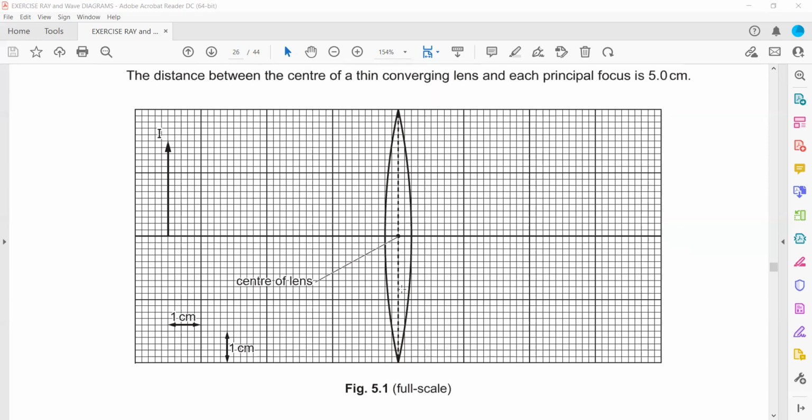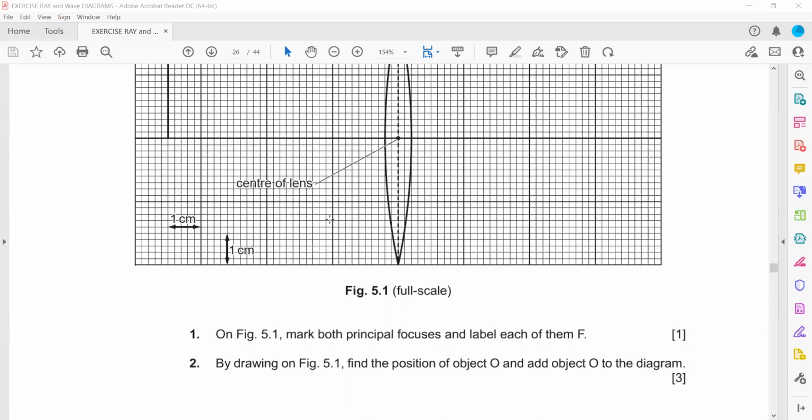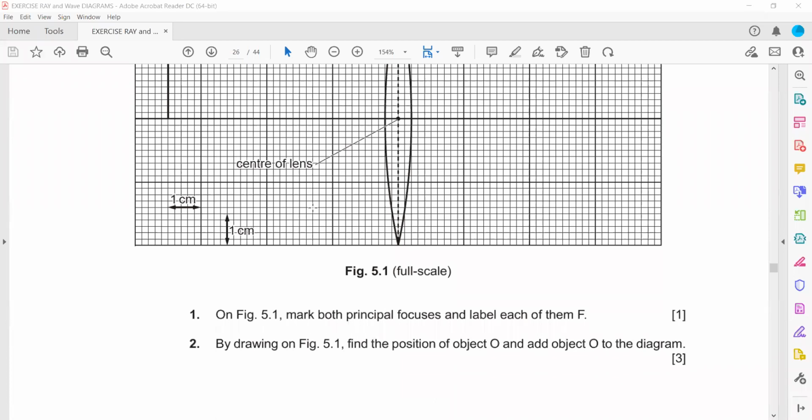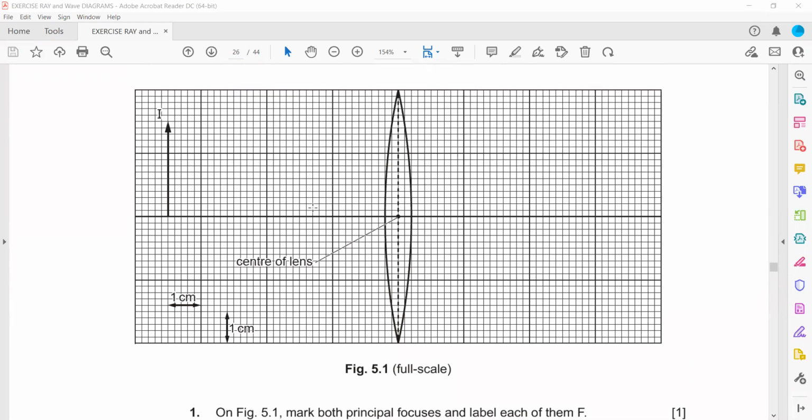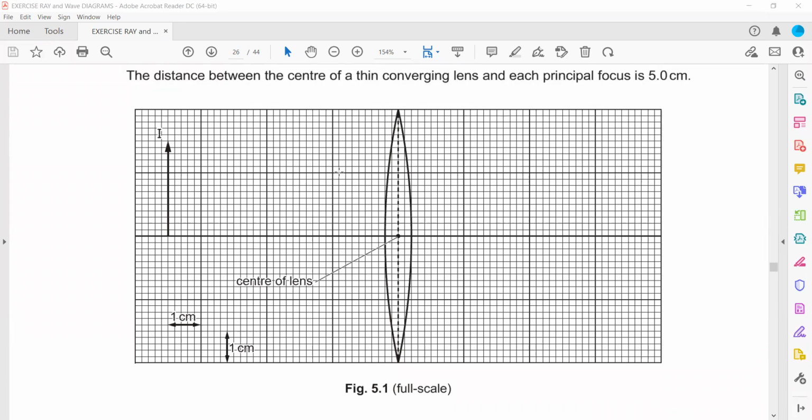The distance between the thin converging lens and the focus is 5 centimeters. We have to label each focus and then draw on the figure, find the position of the object and add the object to the diagram. So the image is shown, we have to locate an object. The same way we can locate from object to image, image to object. So first we have to mark the focus on both sides. 5 boxes equals 1 centimeter.